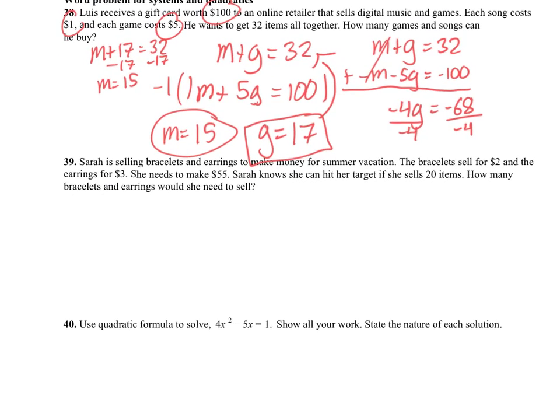Same thing down here, guys. Again, put the money in the same equation, and then she wants to hit her target if she sells 20 items. So that's bracelets plus earrings equals 20 items. Attach the money to it, so $2 bracelets, $3 earrings, $55. And then I'm going to multiply this top equation by -2.